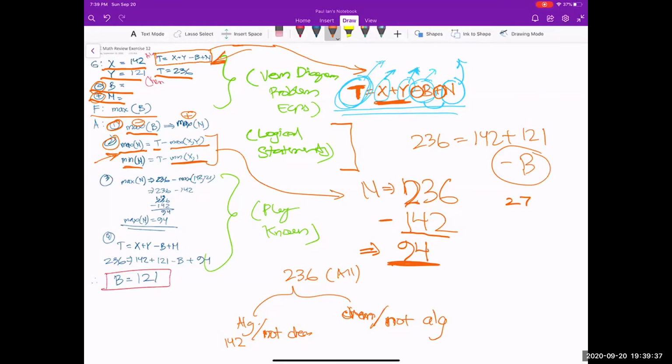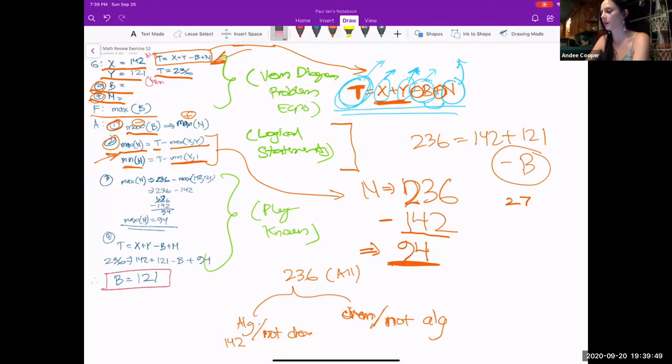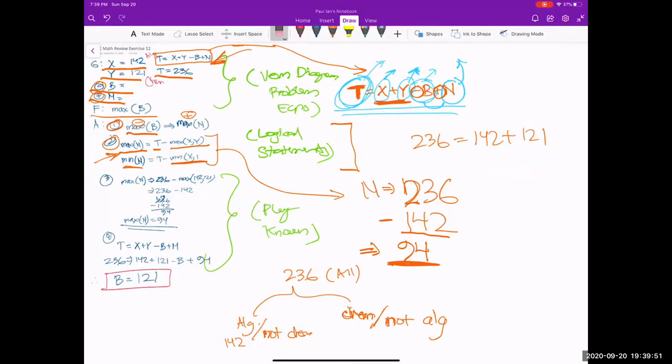Yeah, let me just look at that one. 236, 142, 142 plus 121 plus 27. Oh, it's not actually. No, that's not the right one. Plus 121. How'd you get 27? Oh, and then subtracted the total from it.